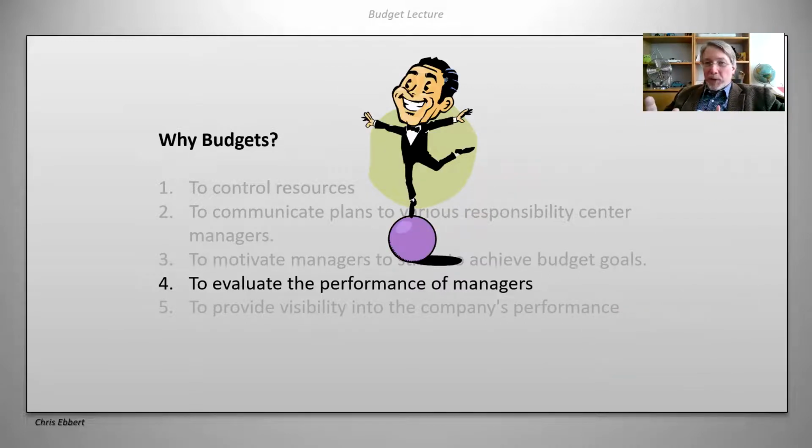Once the project is over, or at the end of the year, we can use it to evaluate the performance of managers, including our own. So we can check, have we actually made use of the money that we were given? And have we made use of it in a good way? Have we got something to show for the money we spent?